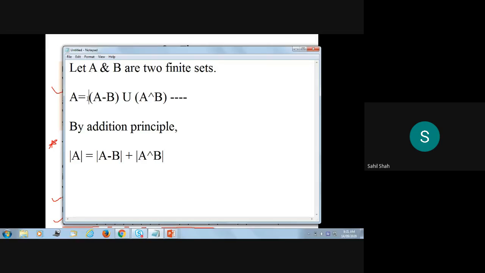Let us assume this as A and this as B. Will there be anything common between A minus B and A intersection B? There will not be anything common. So these two are mutually exclusive. So I can write cardinality of A is equal to cardinality of A minus B plus cardinality of A intersection B.